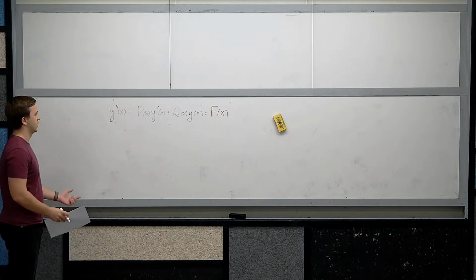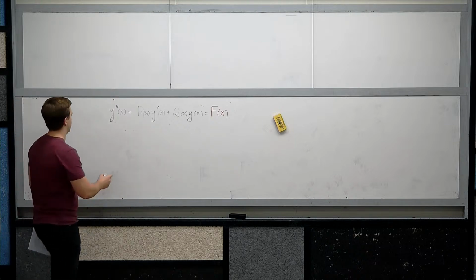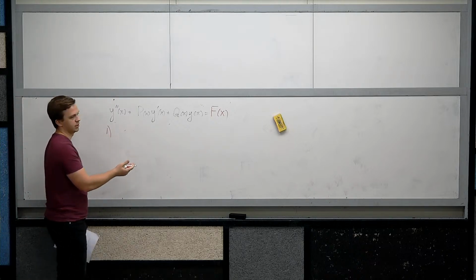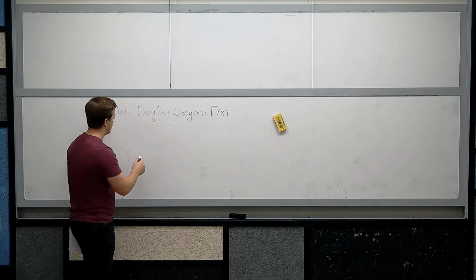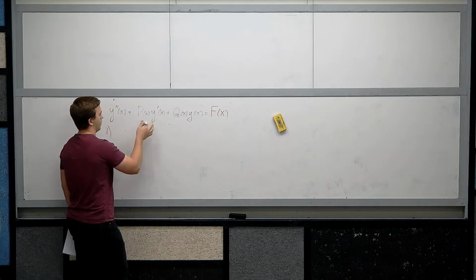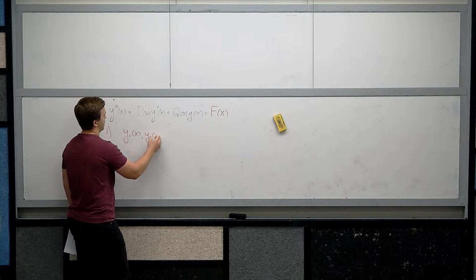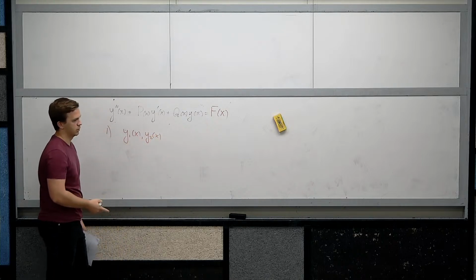Obviously, the first step is to solve the homogeneous differential equation. We know the methods, and from known methods we can find y1 of x and y2 of x. These are solutions of the homogeneous equation.